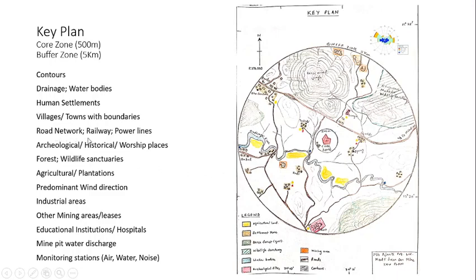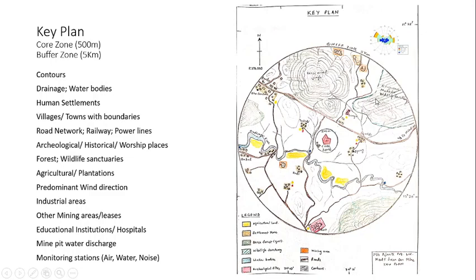The road network, railways, if any, should be shown. Here, this is a road. Here, these are all roads. Then the forest cover and wildlife sanctuaries, if any, must be shown. So here this color has been given for forest cover.